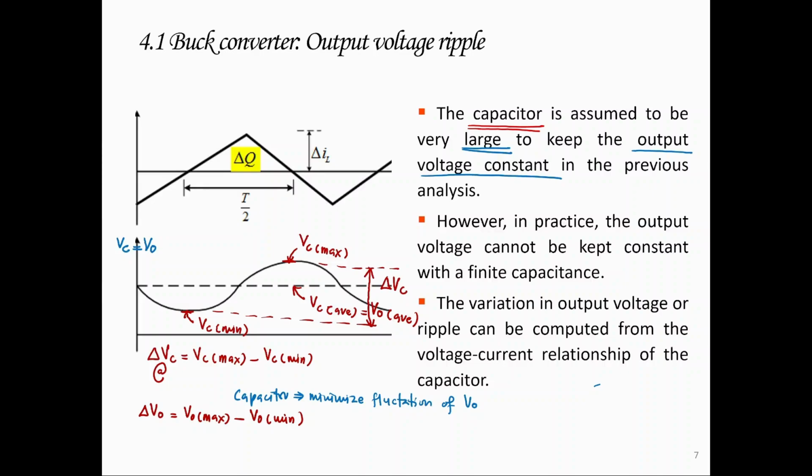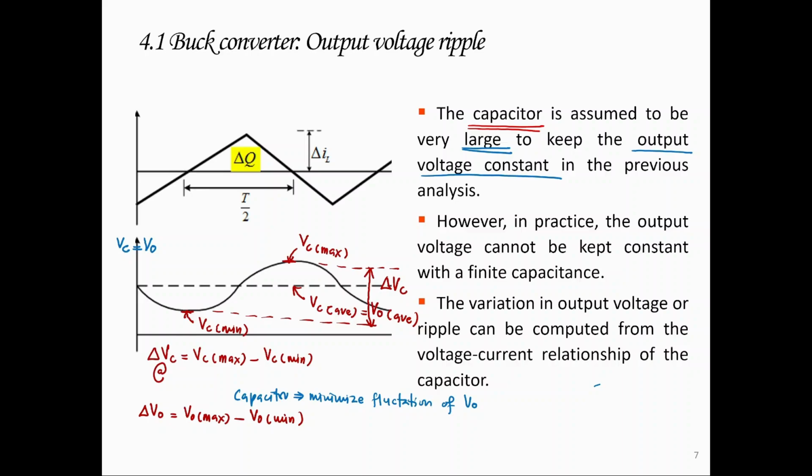Right. Okay. In order to find the equation for your capacitor, we are going to use the charge equation, which is Q equals C multiplied by V naught. So from this charge equation, and also taking into account the output voltage ripple. Okay, this output voltage ripple is this one over here.